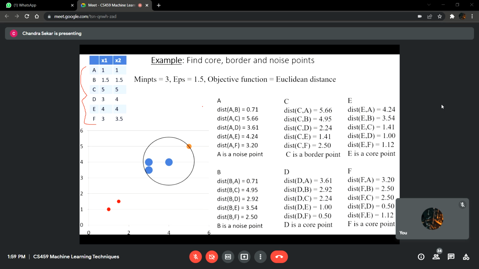In order to do so, the first step is to label them as core, border, or noise points. The inputs given for this problem are min points equal to 3, epsilon value equal to 1.5, and the distance is going to be calculated using the Euclidean distance.